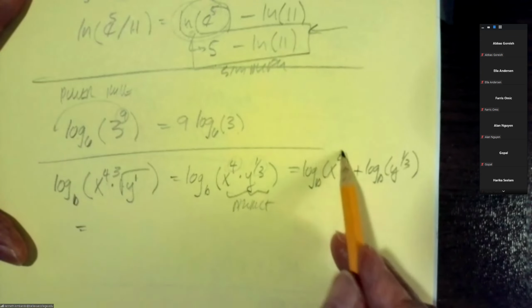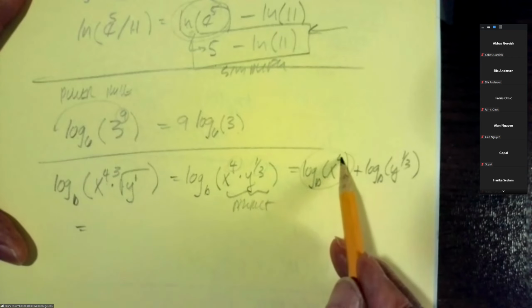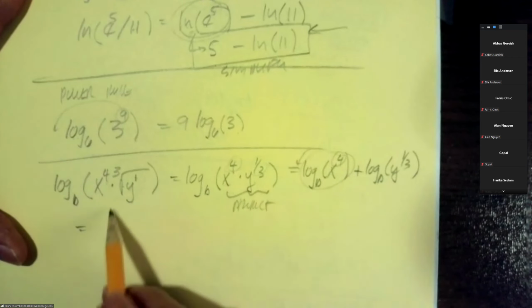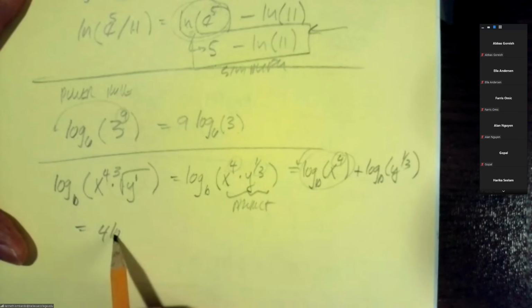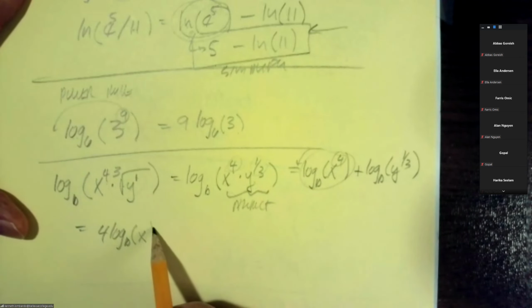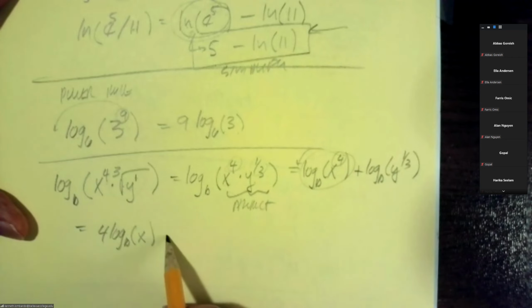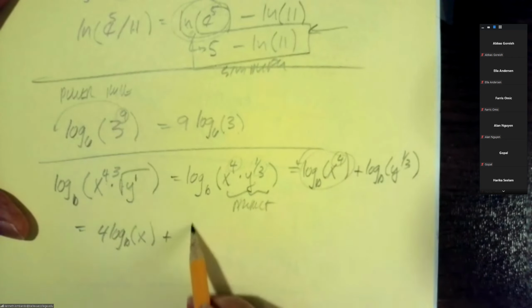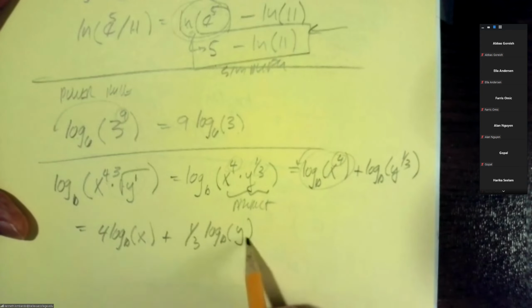And so again, I want to continue to simplify. So this exponent becomes a multiplier for log base b x, plus 1/3 log base b y.